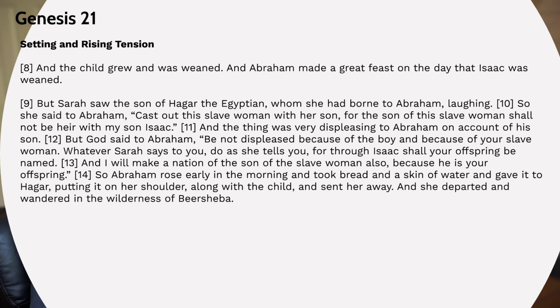And I would even say some of the tension is the meager provisions that Abraham gave them. It says in verse 14, he took bread and a skin of water and gave it to Hagar. It may have lasted them 3 days. And so we have some tension that's beginning to rise in this story.